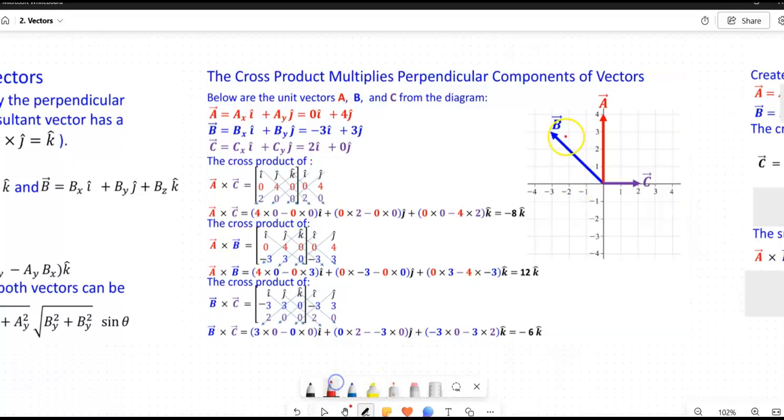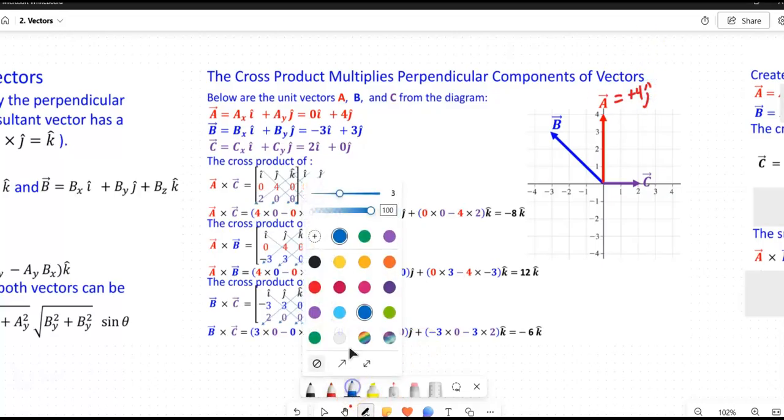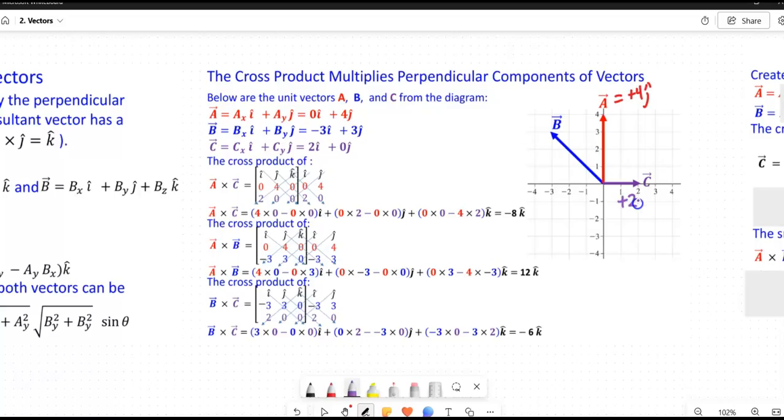Well, A is going to be +4, only in the J hat direction. And C is going to be +2 in the I hat direction. Well, when we multiply these two together, since they're perpendicular to each other, we can multiply with cross products.